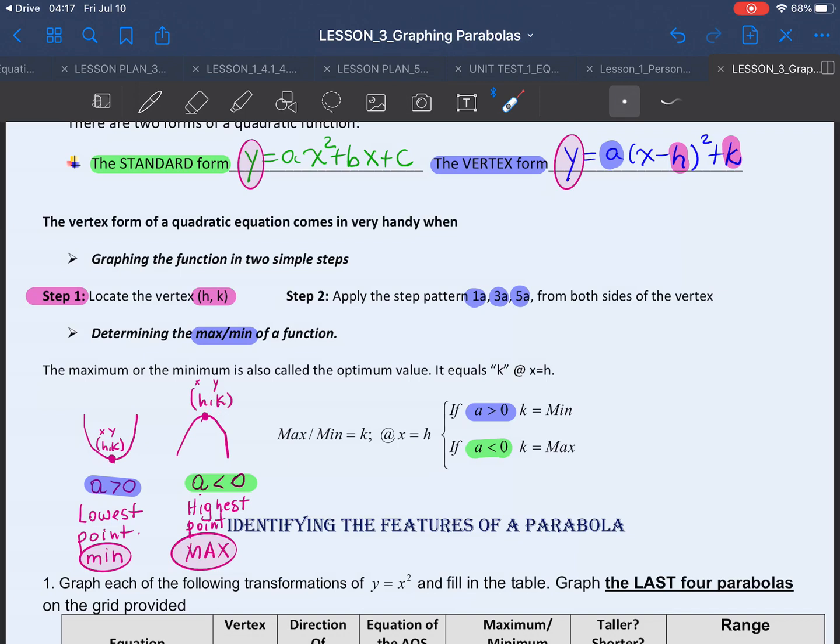So whether you have a minimum or a maximum, the coefficient k will represent the actual minimum or maximum value of the parabola or the function or the relation. So we're going to say when a is positive, the coefficient k will represent the minimum value of y in the parabola or in the relation.